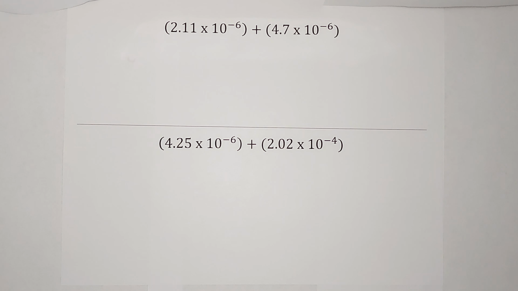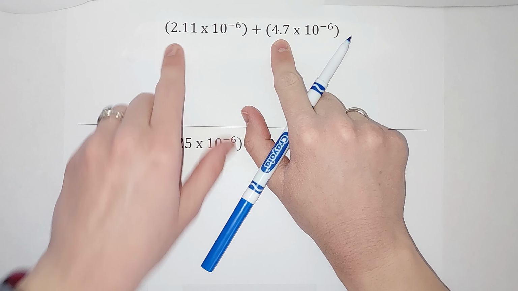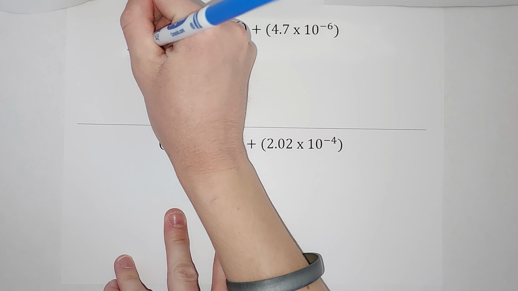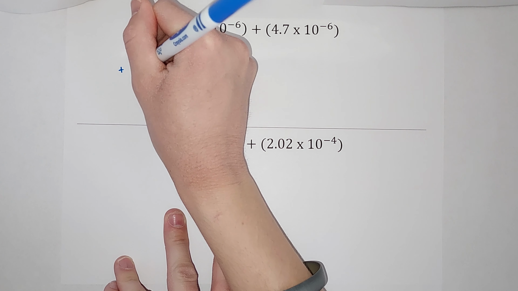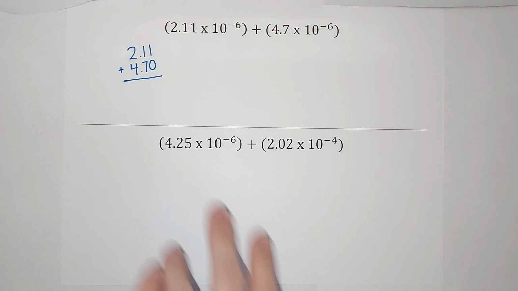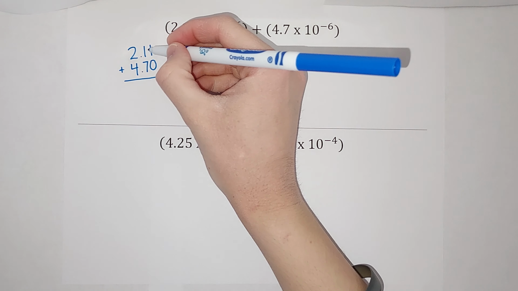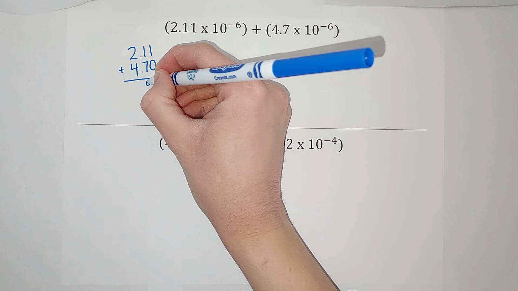So on my top example, when they are already the same, it's really easy. I'm just going to go ahead and add these decimals, okay? So I'm going to add 2.11 plus 4.7, okay? I can add a little 0 there so that they line up nicely. When I add decimals, I line up the decimals, and then I just go ahead and add 1 plus 0 gives me 1, 1 plus 7 gives me 8.